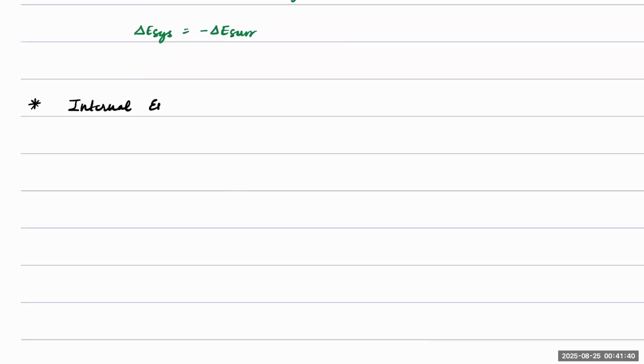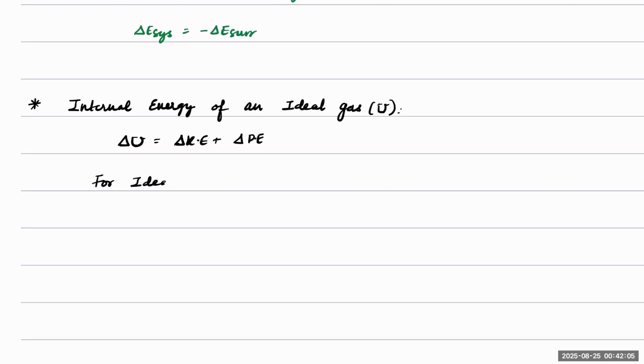Internal energy of an ideal gas, U. You know that delta U is equal to delta of kinetic energy plus delta of potential energy. Now, for an ideal gas, the change in potential energy is zero.